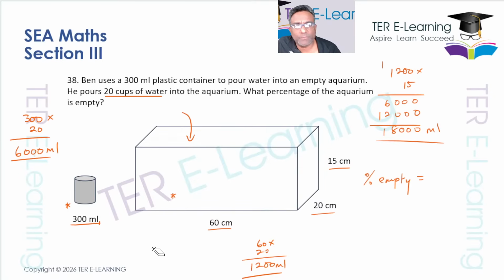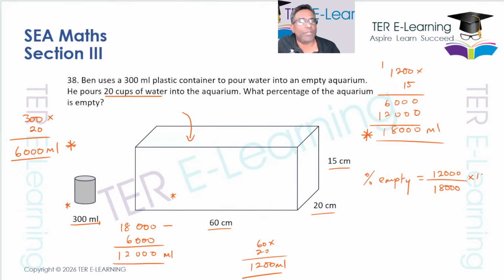Hold on. Listen, this is the capacity of the aquarium, and this is how much water we added. So the amount that is missing, or the empty part, will be 18,000 minus 6,000. 8 take away 6 is 2, so that is 12,000 milliliters left to be filled. So the percentage empty will be 12,000 over the capacity, which is 18,000, multiplied by 100.